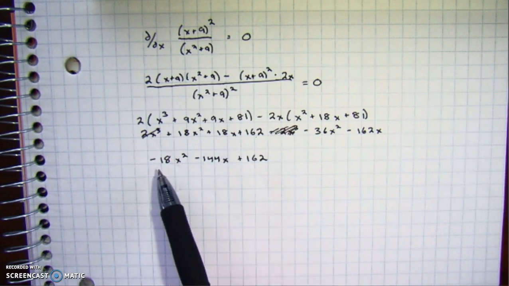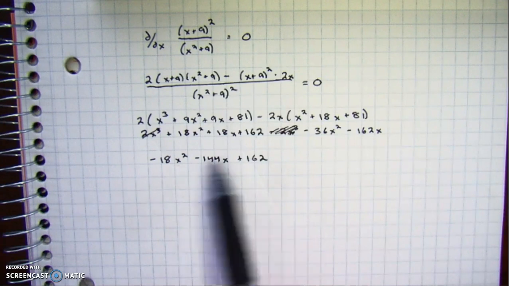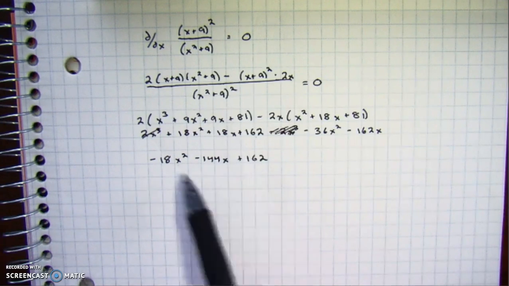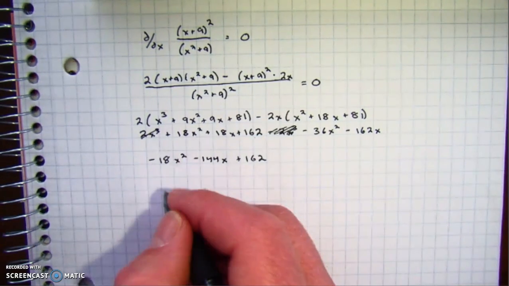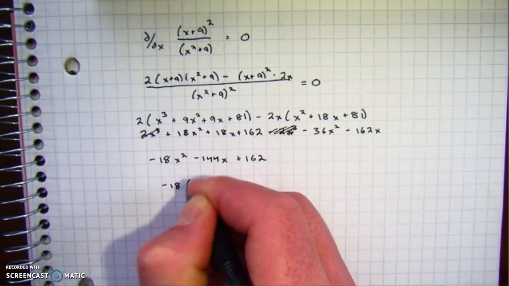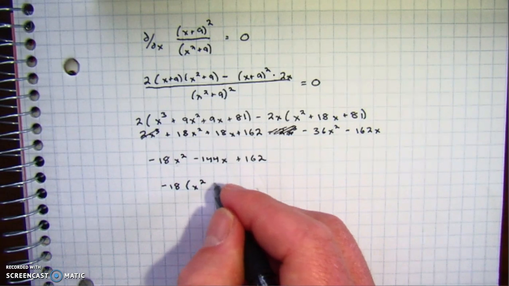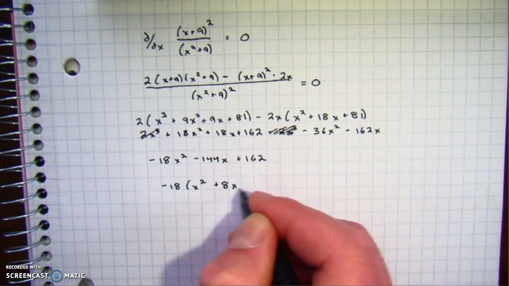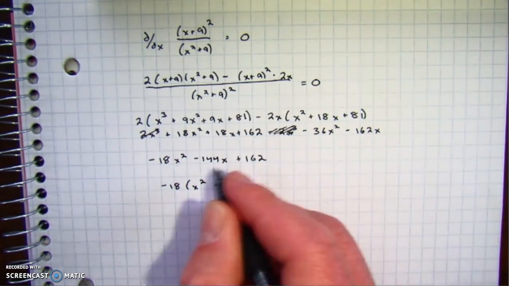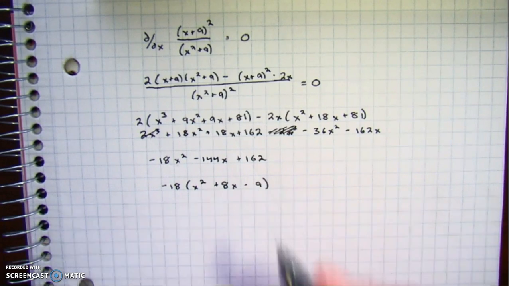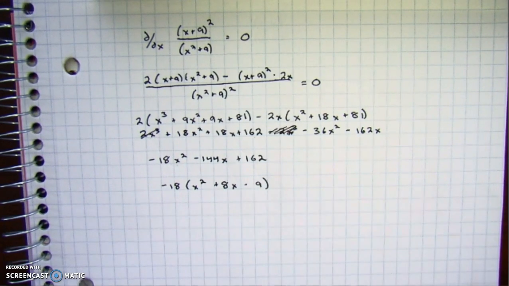So let's go ahead and take this. Looks like we can divide everything by negative 18. So let's bring that out to the front. So I've got x squared, 8, and then minus 9. All right. Good.